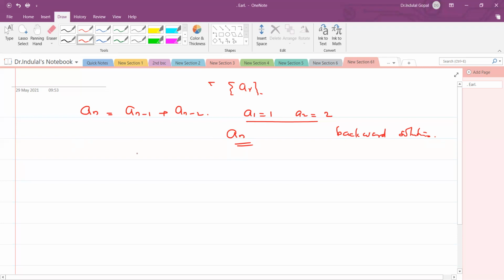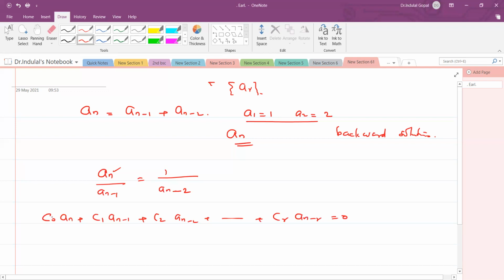And in fact we see there are several types of recurrence relations. See, an by an minus 1 is equal to 1 by an minus 1 plus 1 by an minus 2. That is also an expression giving an in terms of an minus 1 and an minus 2 and so on. Now, a recurrence relation of this form, c naught an plus c1 an minus 1 plus c2 an minus 2 plus etc. plus cr an minus r equal to 0, where c naught, c1, c2, etc., cr are constants.